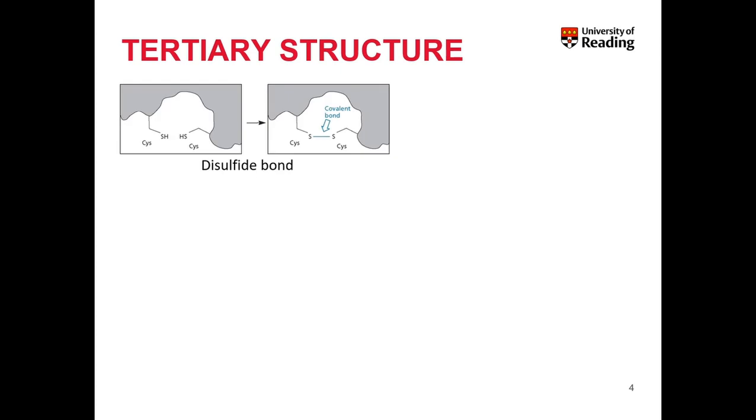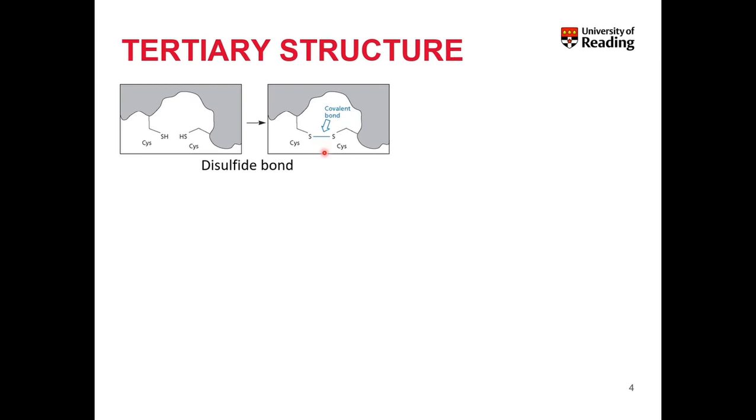Now, just to give you some more examples of interactions that can happen to form tertiary structure. One of the most important is actually formation of a disulfide bond. Now, this occurs when we have two cysteine amino acids in close proximity. So the sulfurs within the cysteine can form a covalent bond called a disulfide bond.